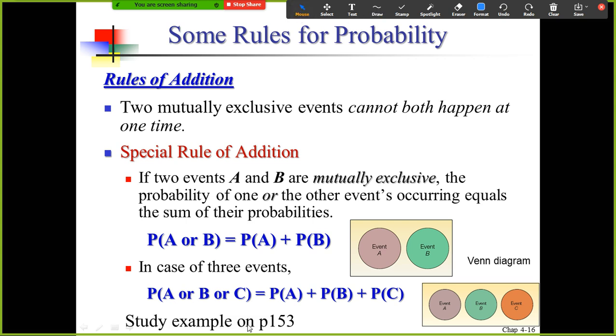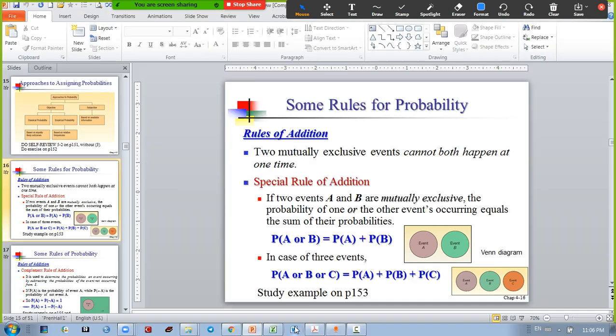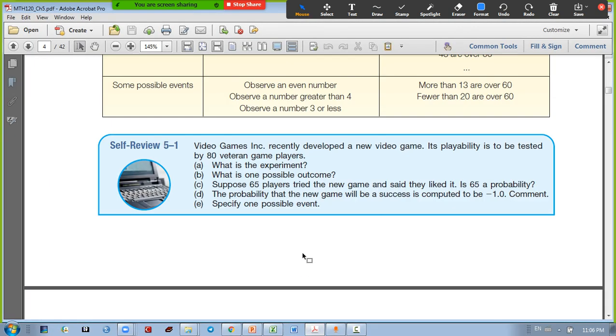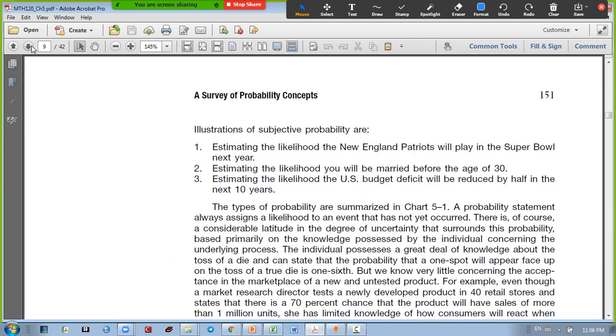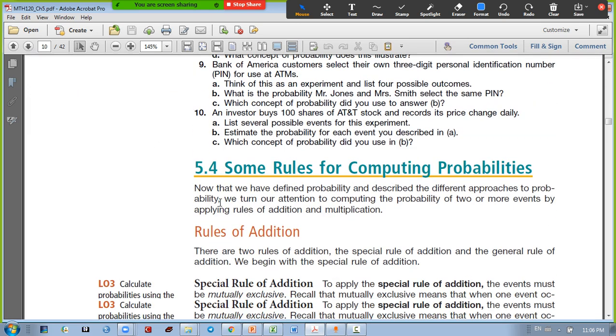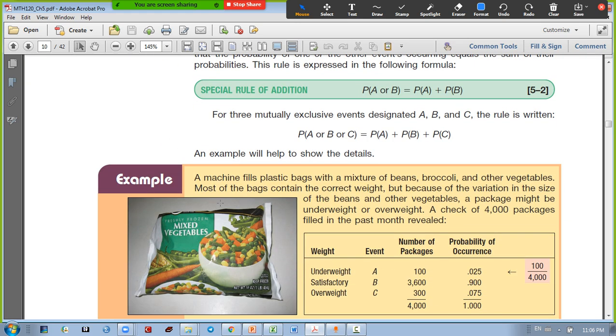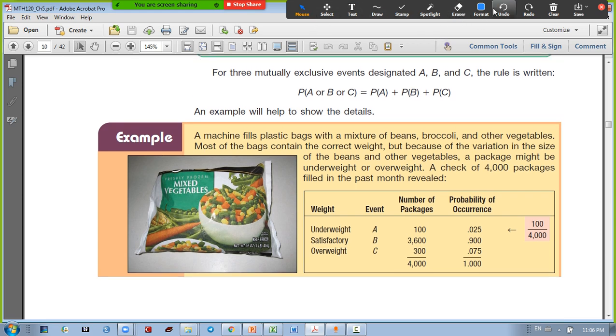Okay, you can go to your textbook on page 153. Yes, you can see an example here. So study this example in your own time.